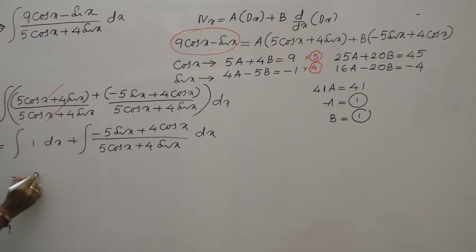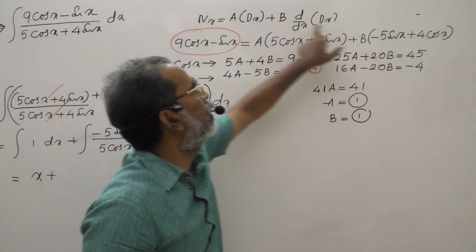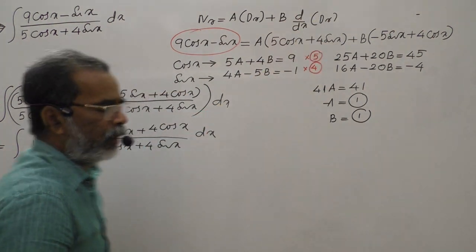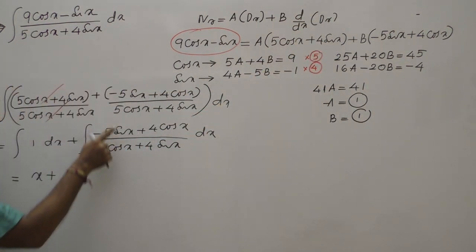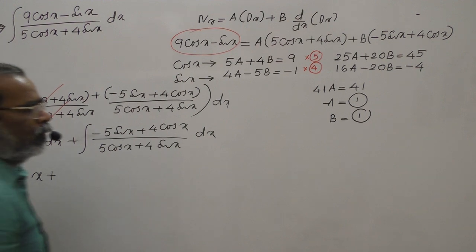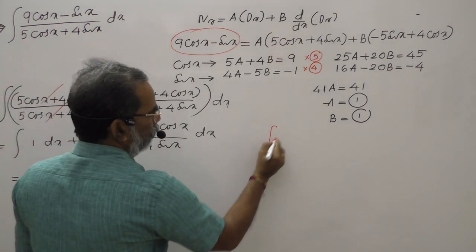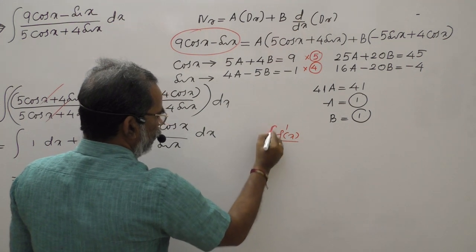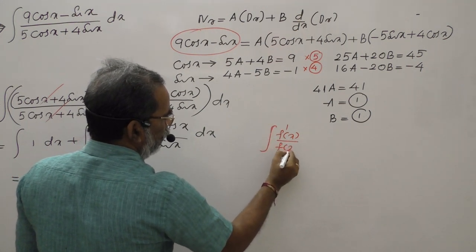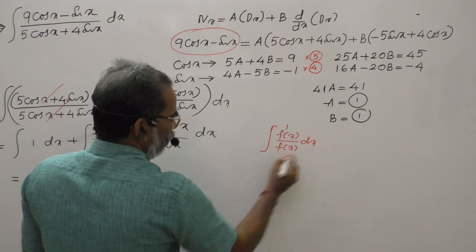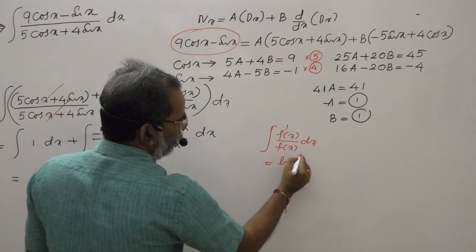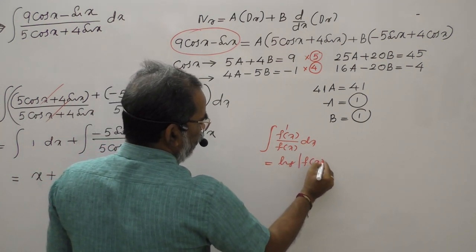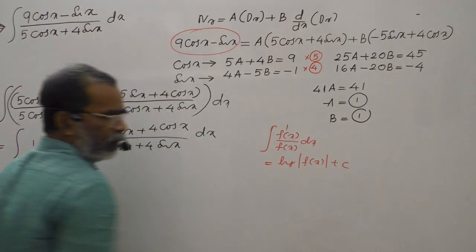What is there? 1. Integral 1 is x. Here what is this one? This one is derivative of denominator. That means its derivative is there in the numerator. That means it is of which standard integrand? Integral f dash x divided by f x, whose integral is log of mod f of x plus c.